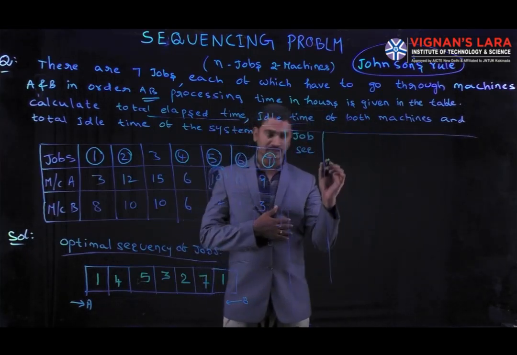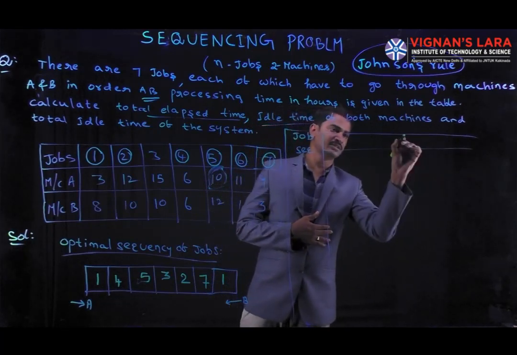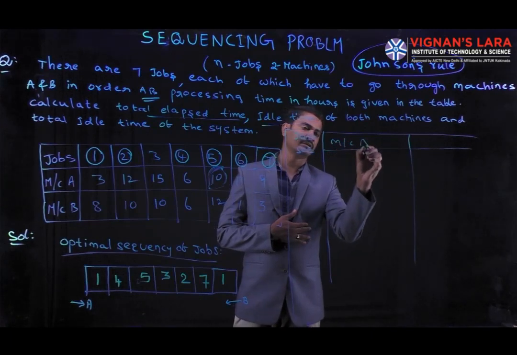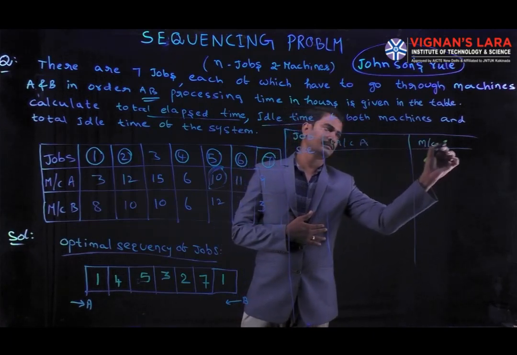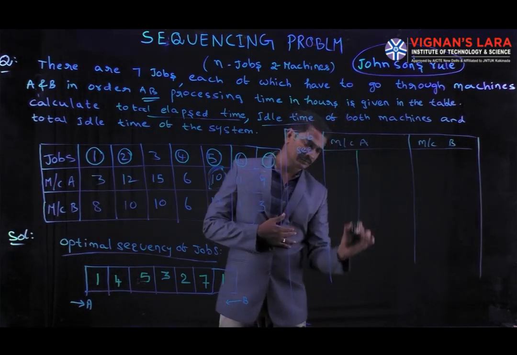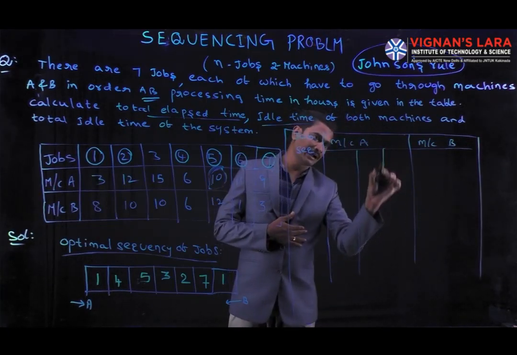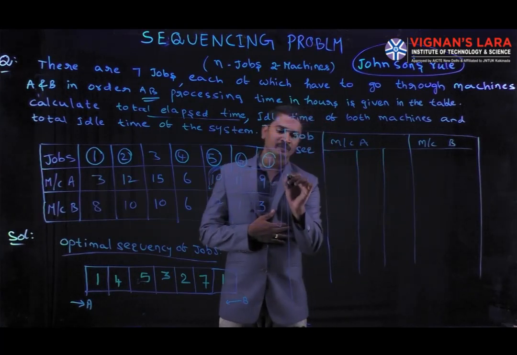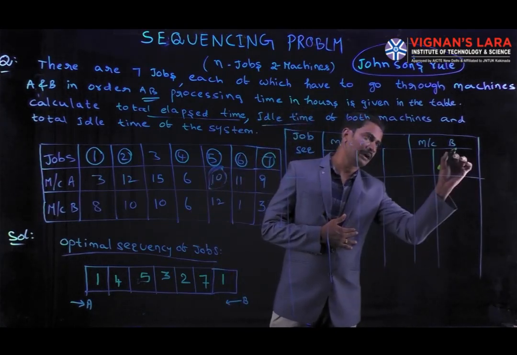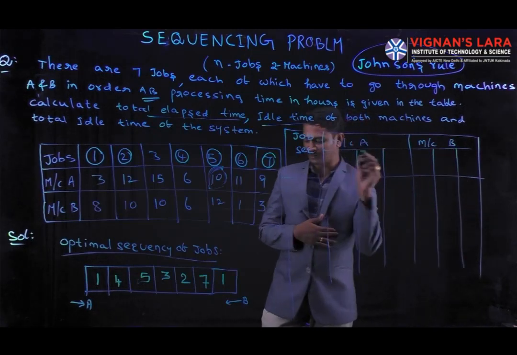Next, two machines are there, machine A and machine B. Here we are going to take starting time, idle time, end time. The same for the other machine.